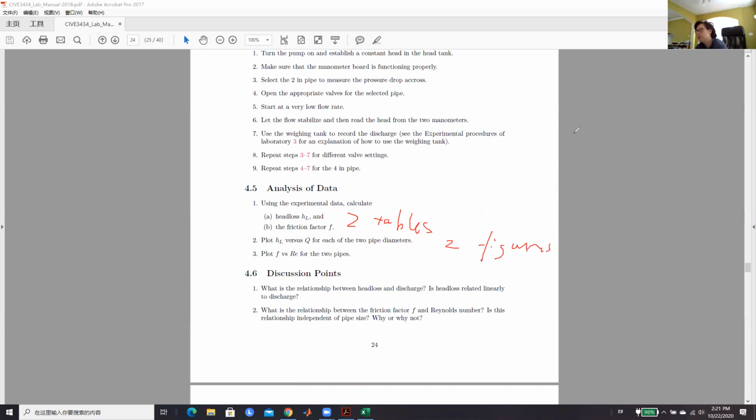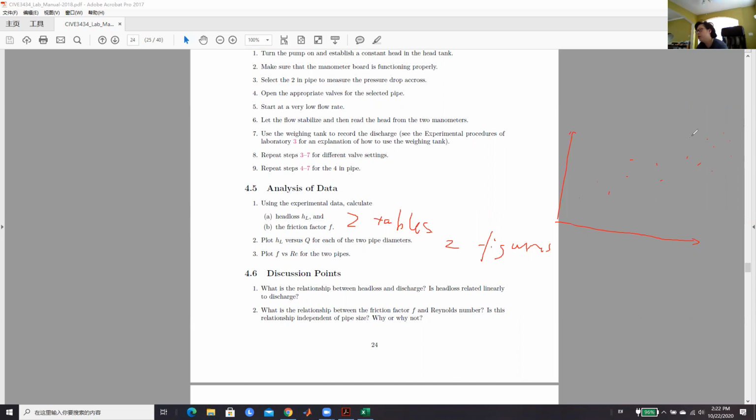Head loss versus Q is a scatter plot. From the equation you will know the head loss is positively proportional to the velocity. So if the discharge, the flow rate, is bigger, the head loss is bigger. I don't know the trend.